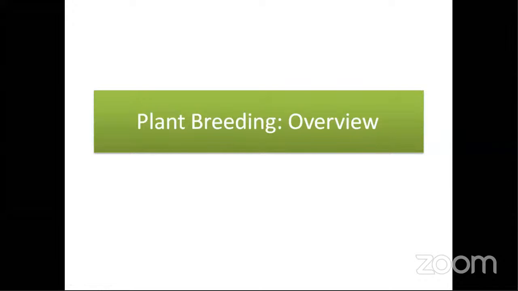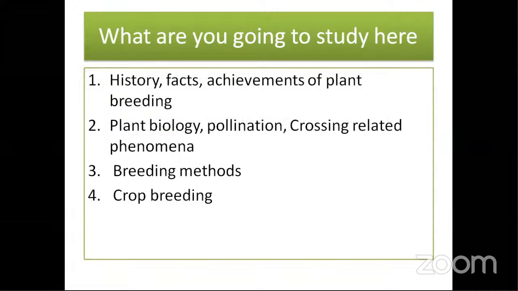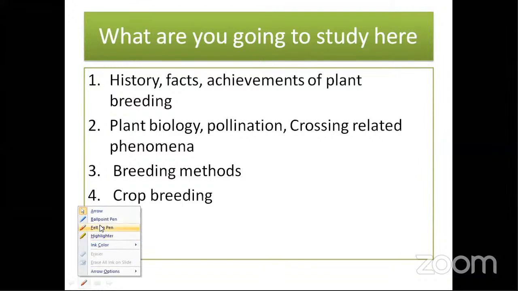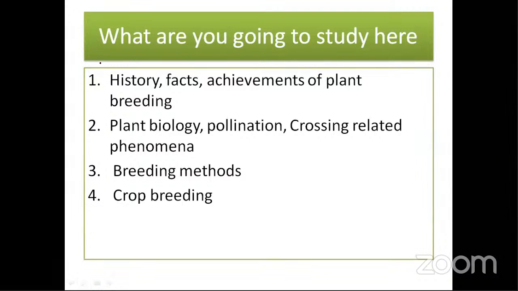So from an examination point of view, this carries a very high weightage. So how do you need to study all those things? What are you going to study over here in plant breeding? Basically, if you divide whatever material there is, you will have some of the history sections. Okay. Some of the facts, like say pure line will not have any variation within line, but between lines you may see some variation.